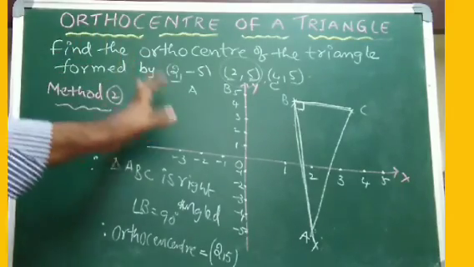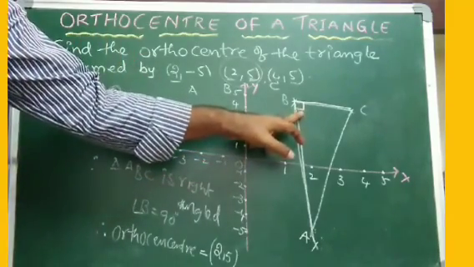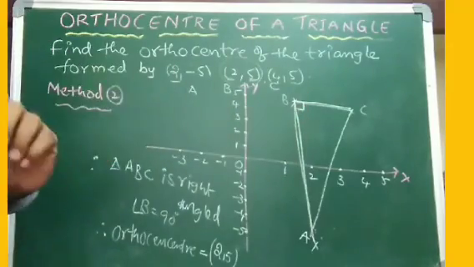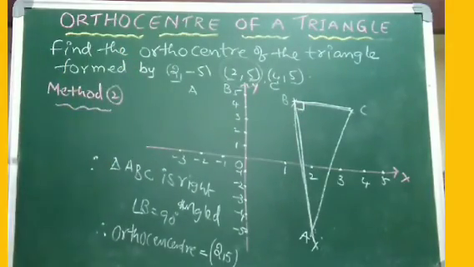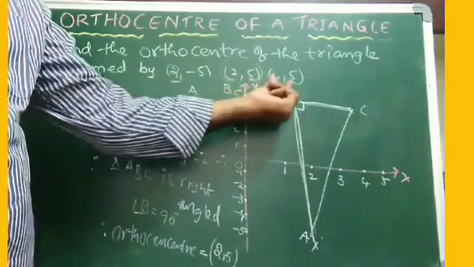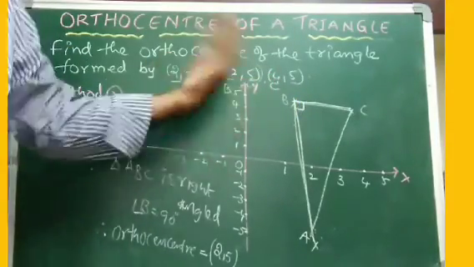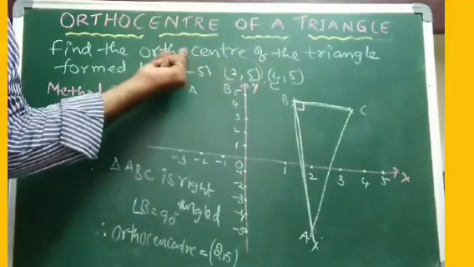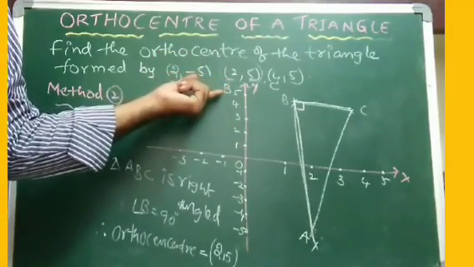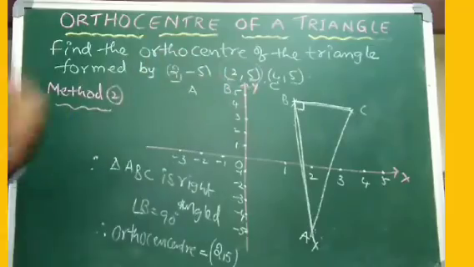If it is a right angle triangle, the orthocenter is the vertex which is 90 degrees. If it is an equilateral triangle, then the orthocenter is equal to the centroid. For example, assume that these 3 points form an equilateral triangle. Then the orthocenter of the equilateral triangle is nothing but the centroid.